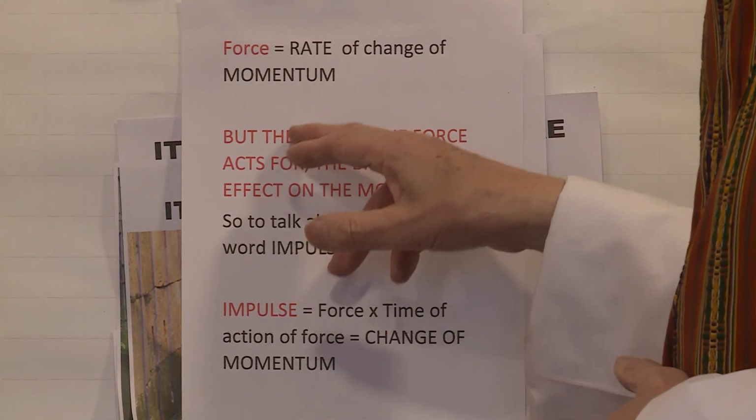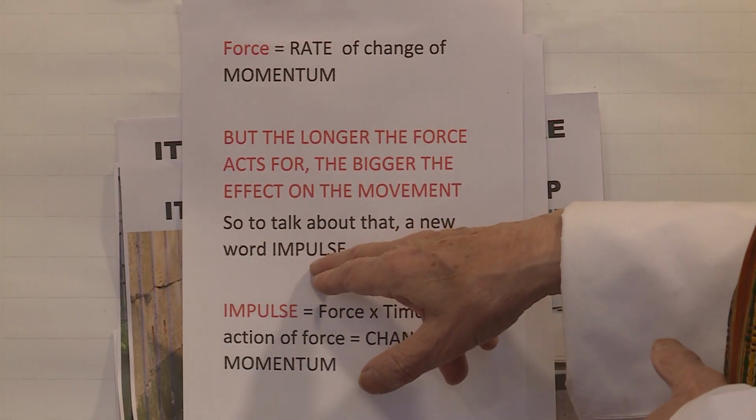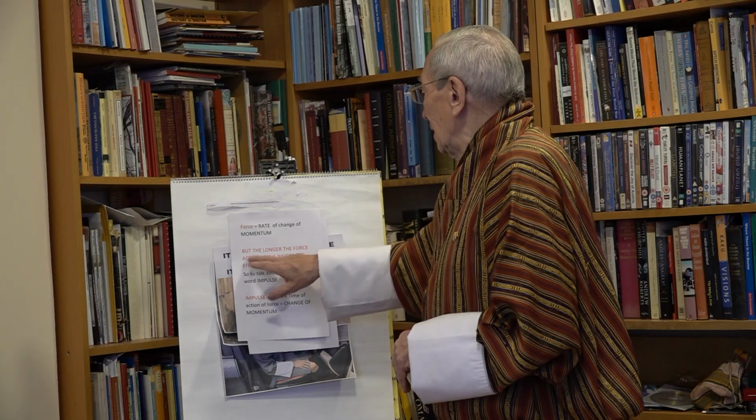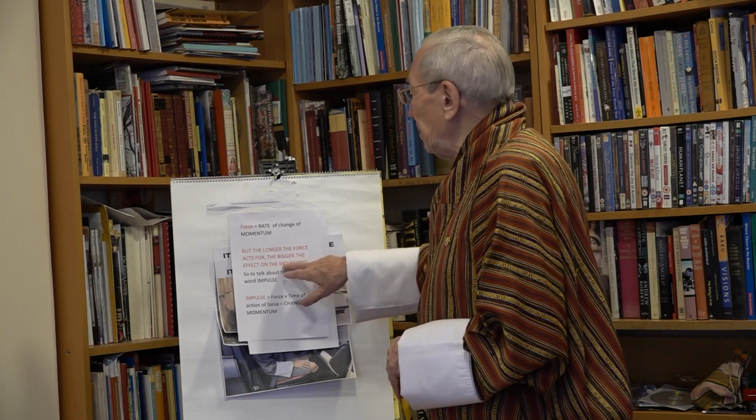And in physics, the word impulse talks about a force and how long you're exerting that force. If I'm going to push a car, how many seconds am I pushing the car for? The force multiplied by the time that the force is working. The longer you push, the faster the car.